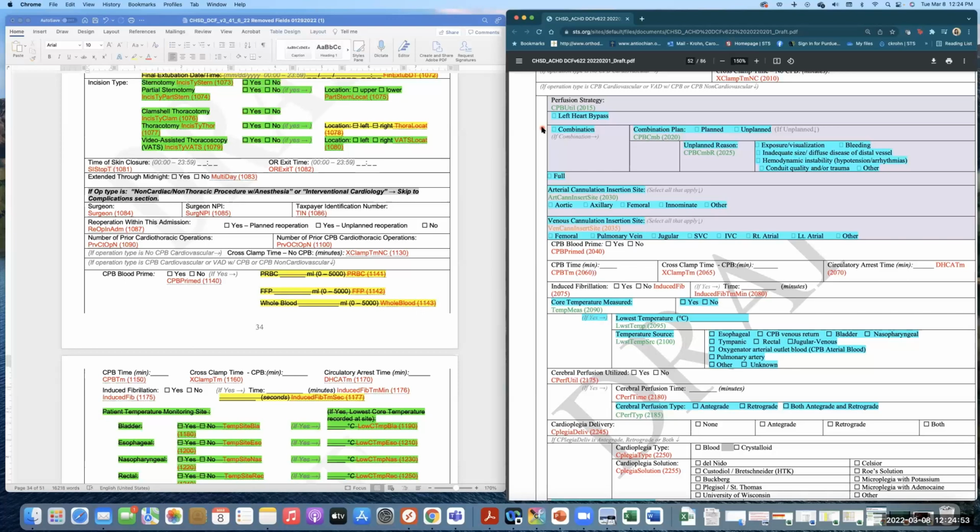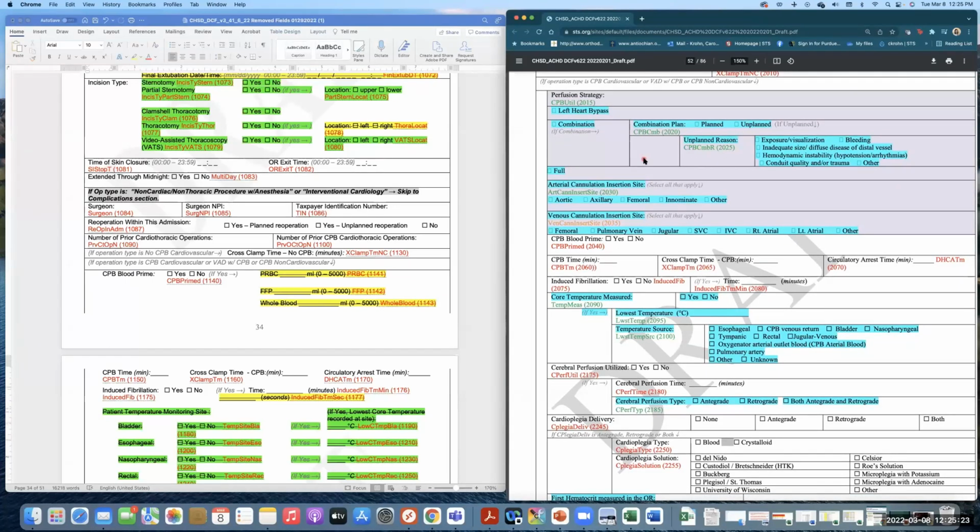And then the next choice is combination. Basically we want to know, was this combination planned or unplanned? So what do we mean by this? When we think of coronary bypass and a full bypass, you have aortic venous cannulation, and you're doing full bypass via the heart-lung machine.